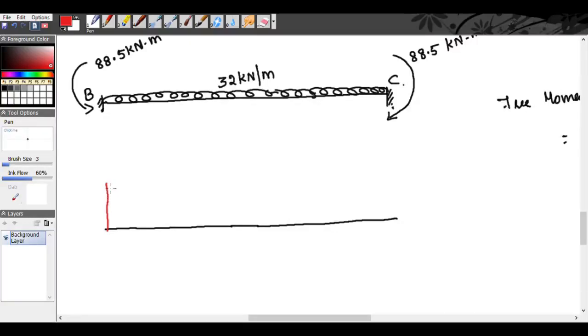At the support we have 88.5 kilonewton meter. Here it is positive, so this is also pointing towards the up. So here we have clockwise, 88.5 kilonewton meter.